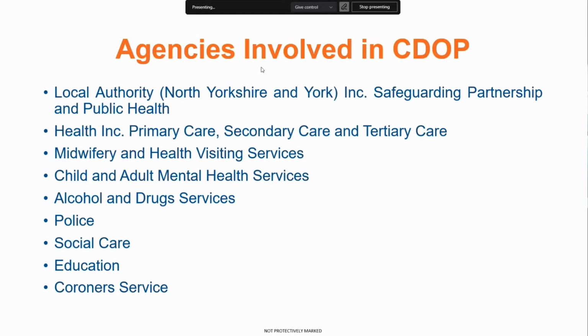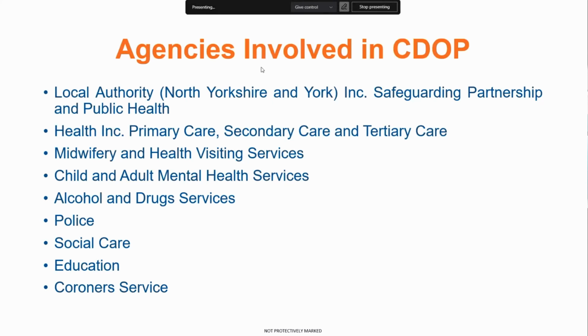The police are a key partner in a lot of this work with social care, and also a lot of the children and young people we're talking about will be of school age. And so education does need to be involved, because we have to think about the wider aspects in terms of the impact on children and young people, because it's not just about the child death, but also bereavement support for families and also for the friends of the child as well.